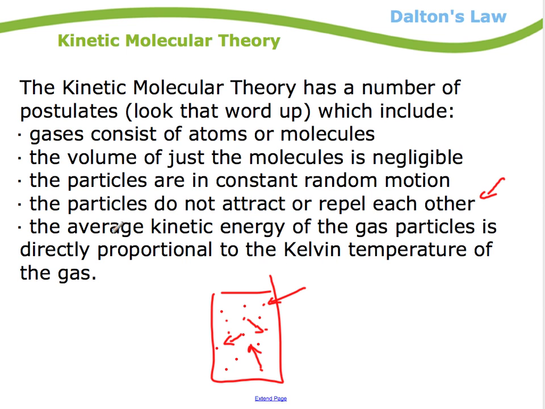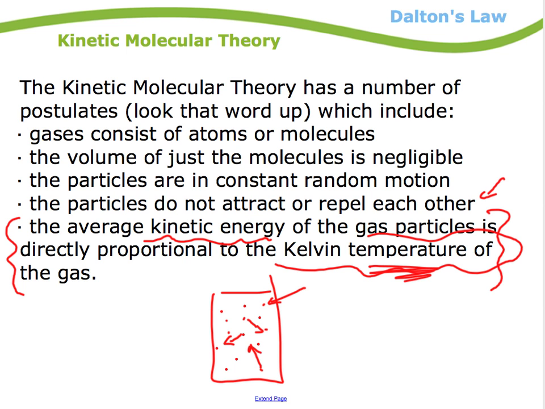This sounds very similar to Charles's law, that temperature affects the volume, or here it's saying that it affects the energy. But we're looking at the Kelvin temperature as being a main thing that affects those gas particles.